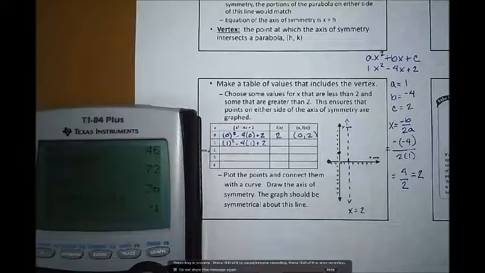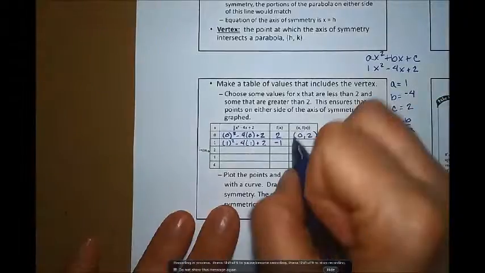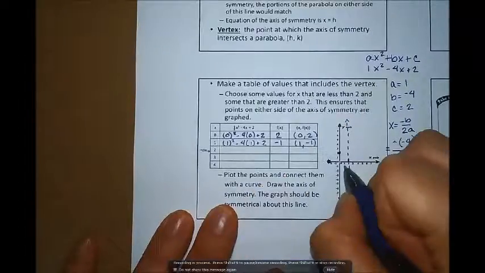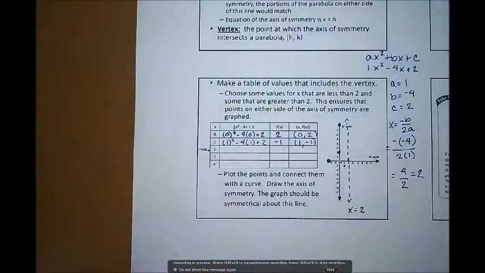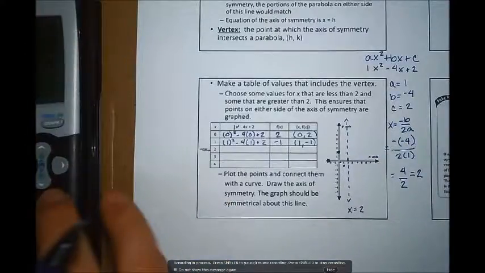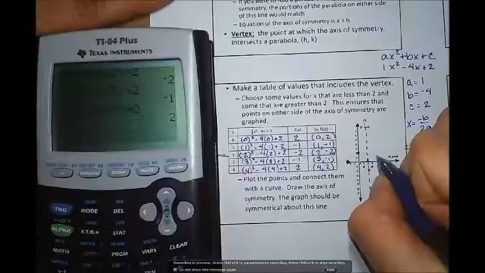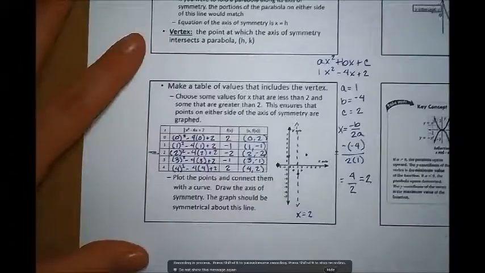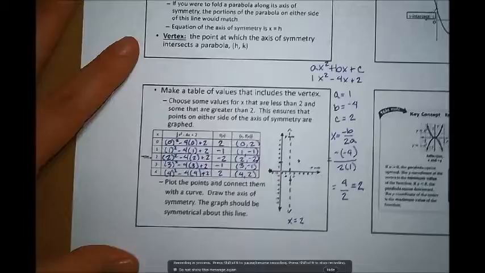So this point is (1, negative 1). About right there. Then we do the same thing right on down the line. And then we connect in a nice, smooth curve.